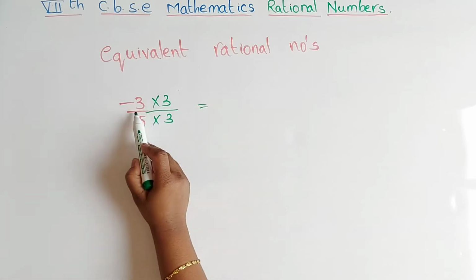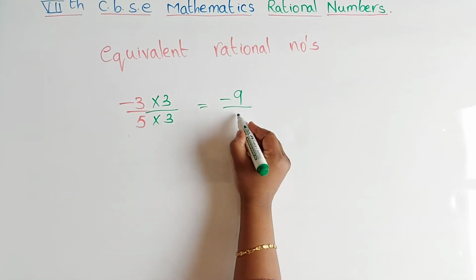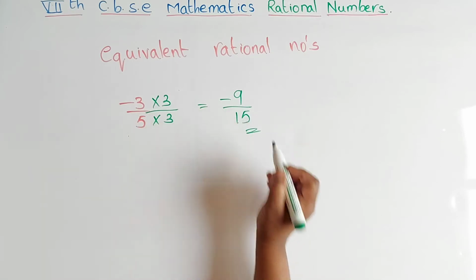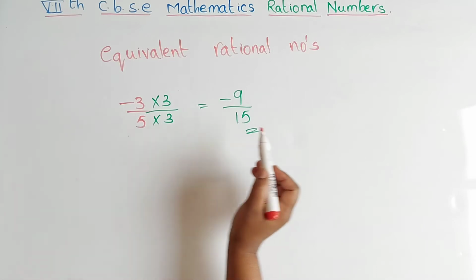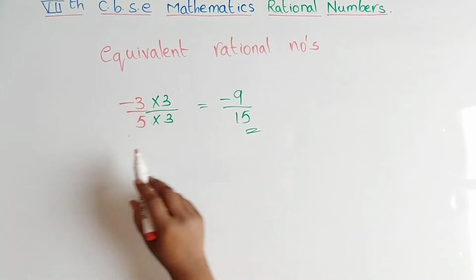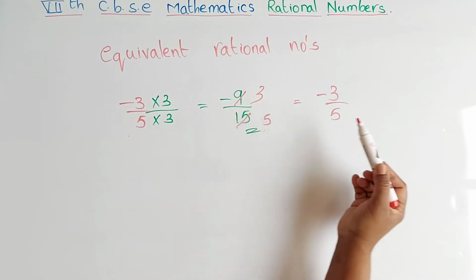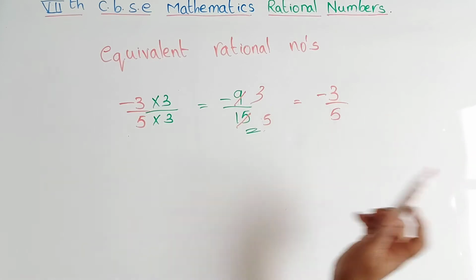Right? Now see, minus 3 into 3, it is minus 9, by 5 into 3, 15. So the answer is minus 9 by 15. Here we can say minus 3 by 5 and minus 9 by 15 are equivalent rational numbers. 3 3s are 9 and 3 5s are 15. Correct children?